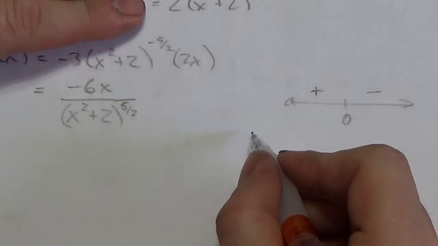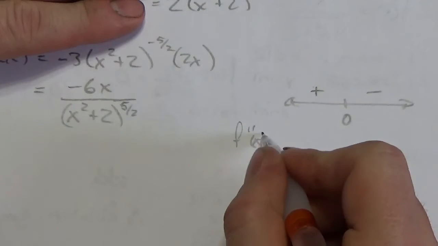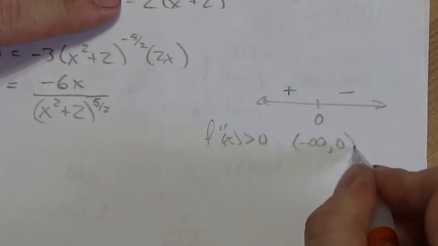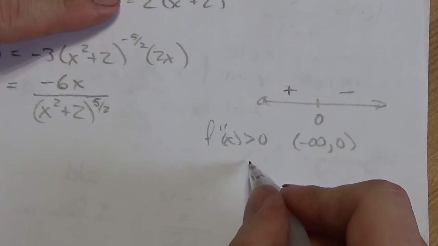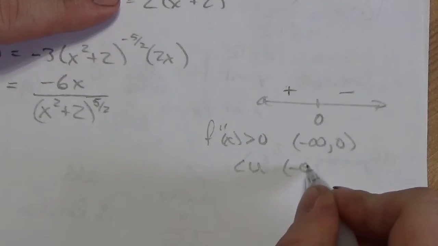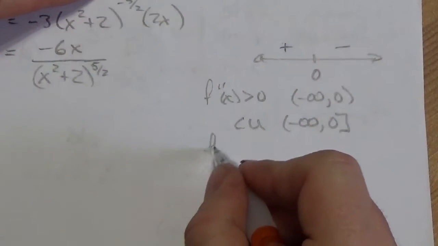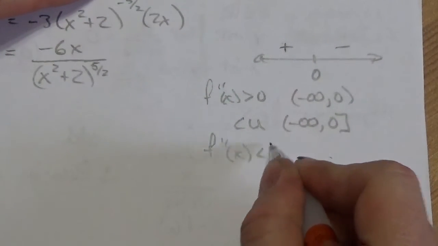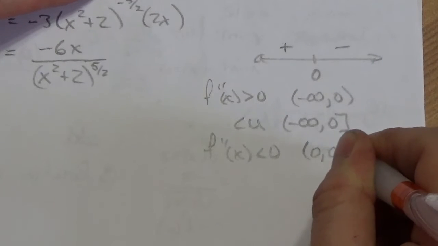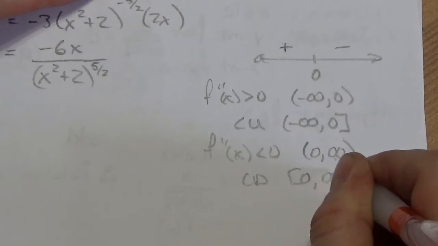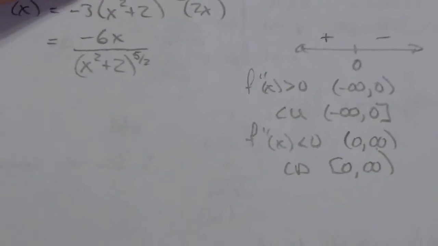So this tells me the second derivative is positive on the interval negative infinity up to 0, which means this thing is going to be concave up from negative infinity up to 0 inclusive. The second derivative is going to be less than 0 on the interval 0 out to infinity, which means it's going to be concave down on the interval from 0 to infinity, including the 0.